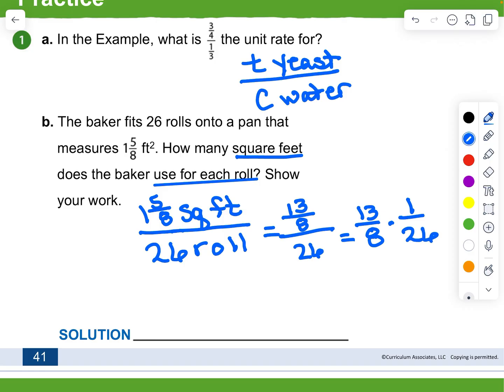I'm going to use cross simplification. 13 goes into itself once and into 26 twice. 1 times 1 is 1. 8 times 2 is 16. 1/16 square foot for every 1 roll.